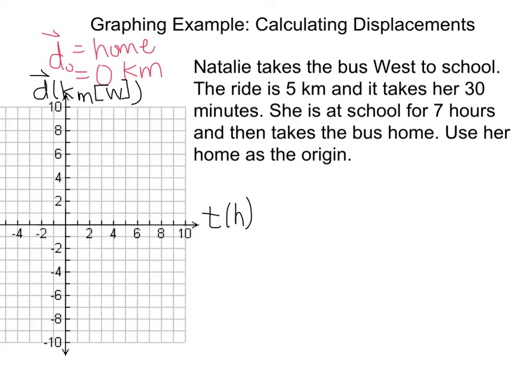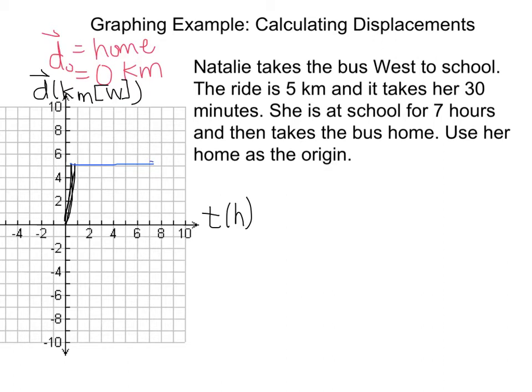So in the first 30 minutes, you have to excuse my rough graph, it's hard to draw a straight line on here. We end up with a straight line between 0, 0 and 0.5, 5, because she ends up 5 kilometers away within half an hour. Now for 7 hours, and I'm going to do this in blue so you can see it really clearly over top of the graph, we end up at 7.5, staying at school.